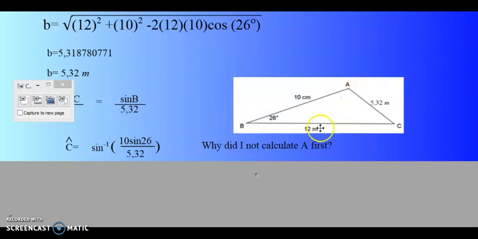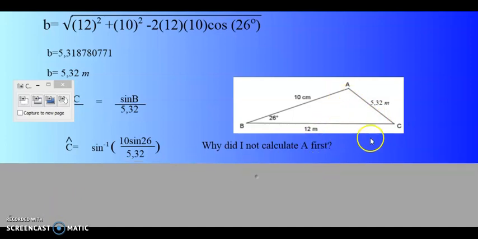I noticed that A is the longest side in this triangle. So potentially there could be an acute angle or an obtuse angle triangle. So that's why I prefer to calculate C first, then I will get the accurate measurement of angle A.